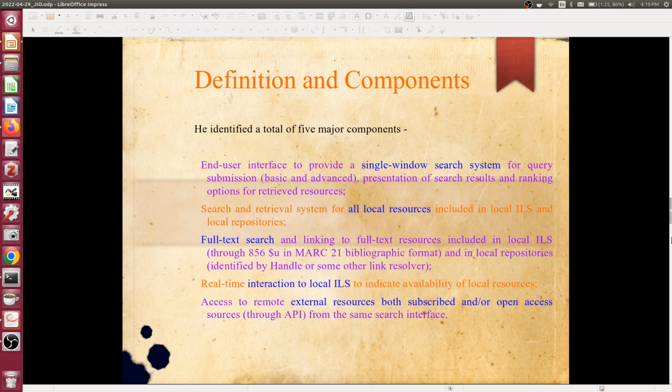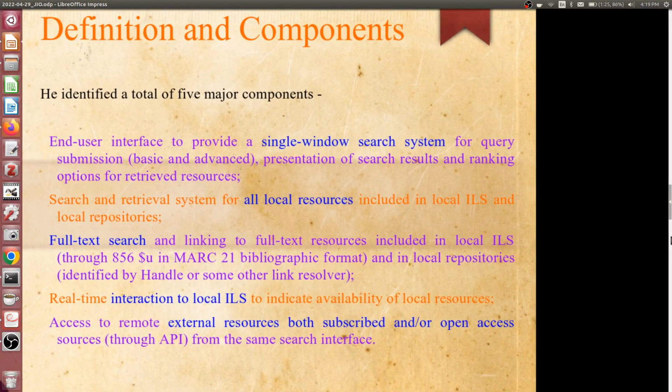According to the white paper published by Marshall Breeding on behalf of NISO, he emphasized that a given discovery interface will provide a single window search system in place of the retrieval silos in present day libraries.